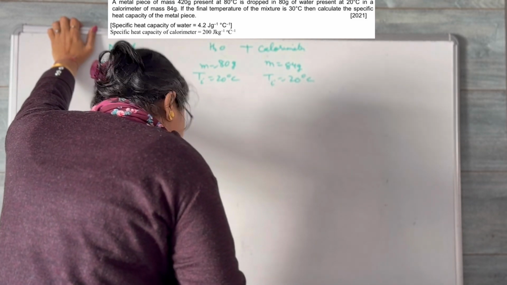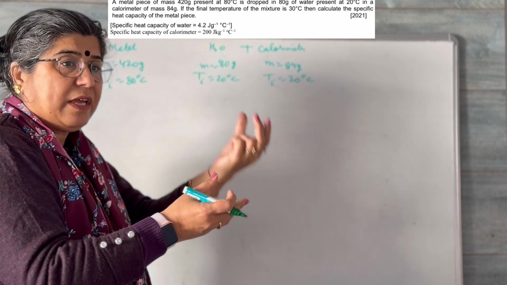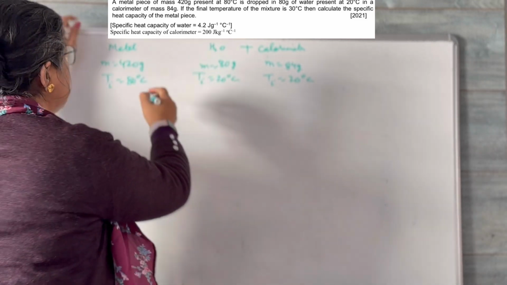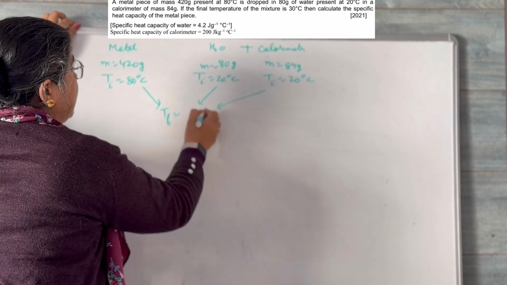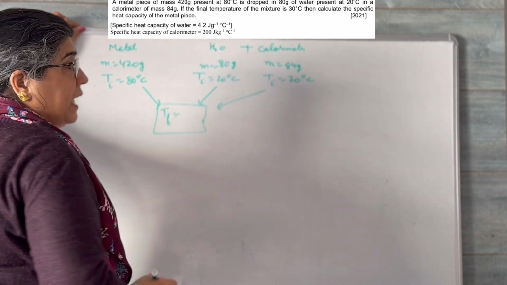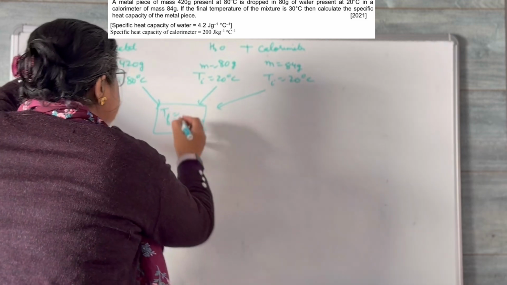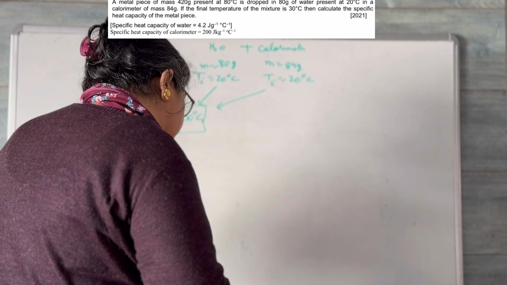Now you see, this is mixing water in a glass or a calorimeter and you are dropping a metal in it. So it's a question of mixtures. So you will have a final temperature. Everybody will come down to the same temperature or come up to the same final temperature, which he is saying is 30 degree. He is giving you the final temperature of the mixture.